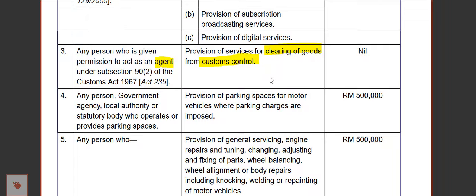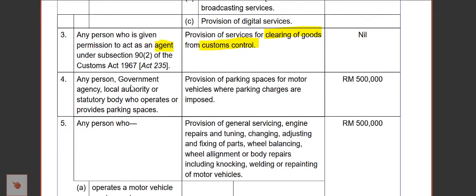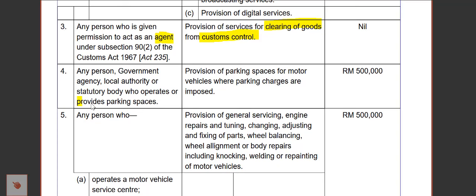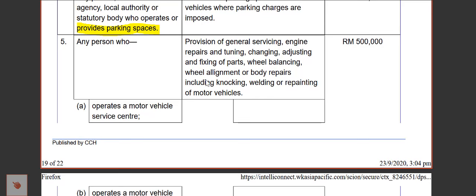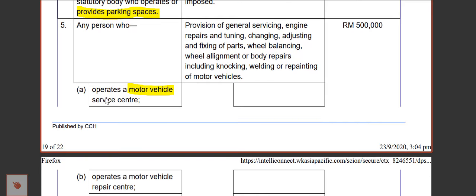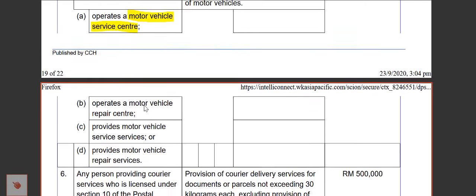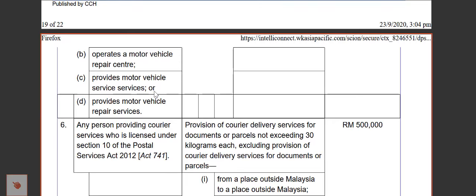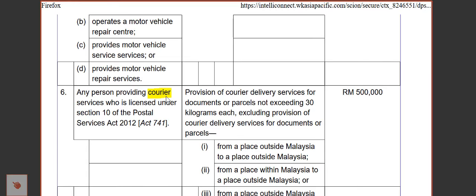So if you buy or import anything, you need people to go to customs and get the things out for you. That's a forwarder. Okay, now parking operator is also a taxable person. Now motor vehicle service center, workshop, is also a taxable person. Okay, now courier company is also a taxable person.